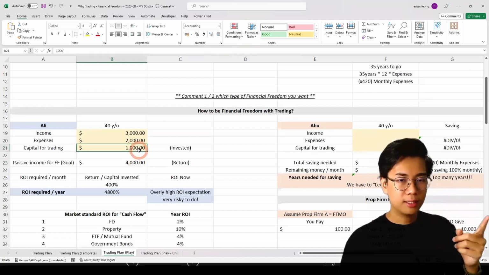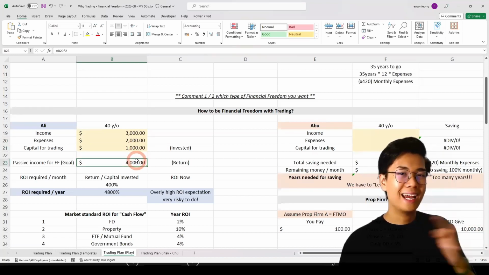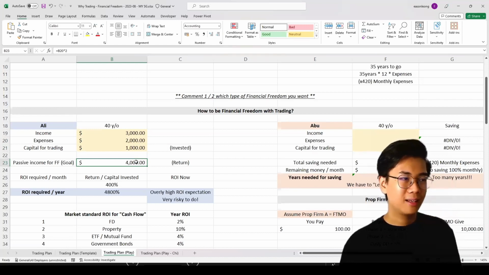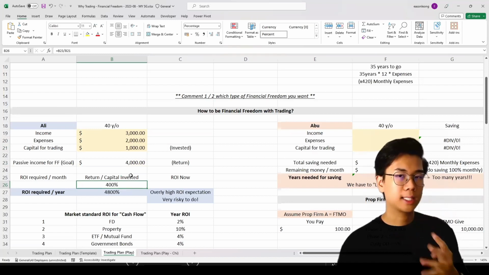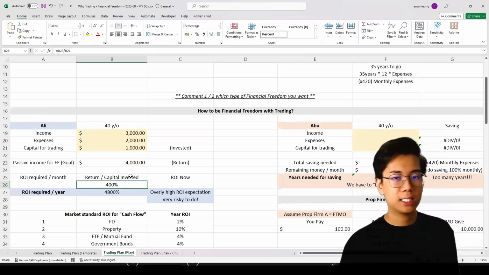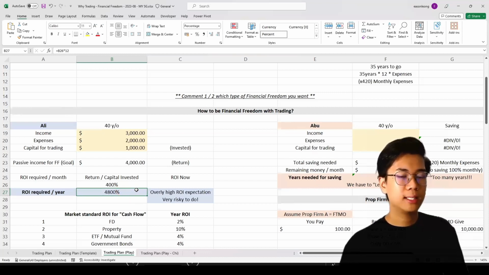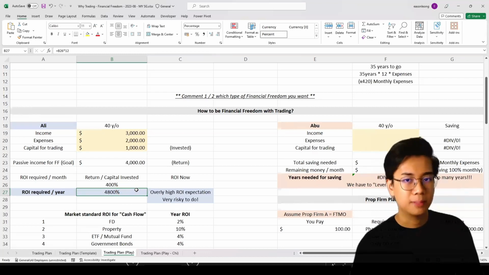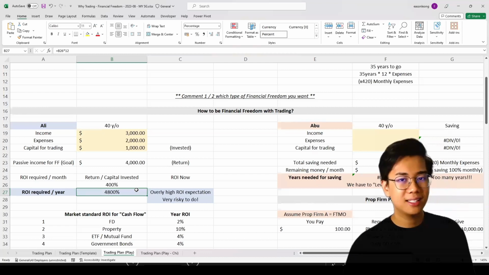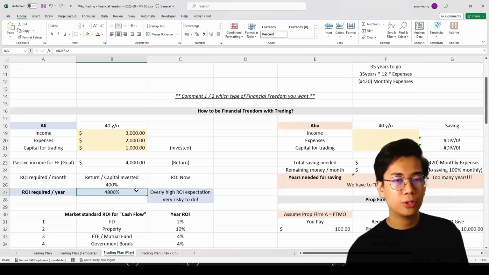Meaning 1,000, trade 4,000 every month. What does that mean? You need to have 400% ROI every single month. In a year, you need to have 4,800% every year in order for you to be financially free.